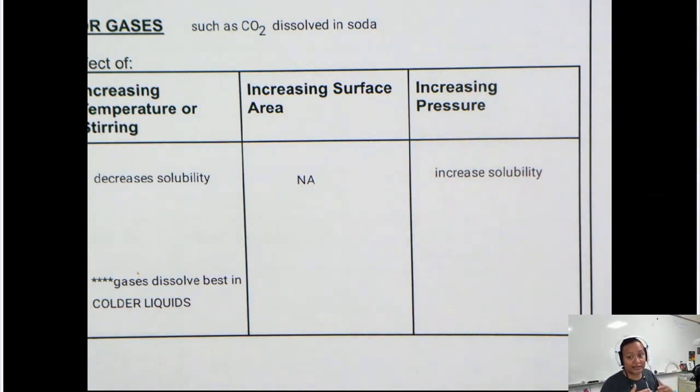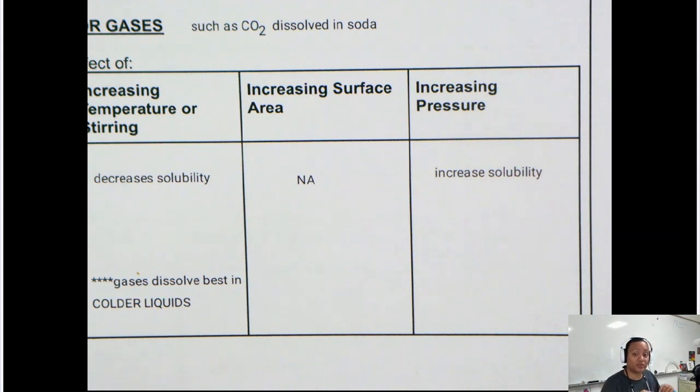That is why at sea level, or down here in the valley, the boiling point of water is 100 degrees, whereas up in the mountains, the higher up in elevation you get, the lower the temperature has to be. It does not need to be at 100 degrees to boil. It can be at like 70 degrees if you're high up enough, because there's less pressure there.